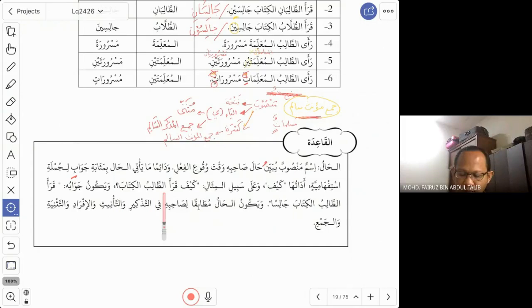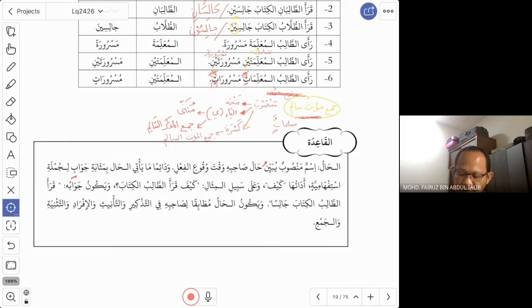How did the talib read the book? The answer is qara'at talibul kitab jalisan. How was he when he read the book? Jalisan. So you see, the word jalisan can be used to answer the question kaifa. This is what they mean here.